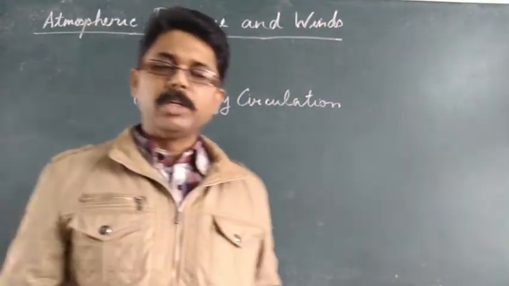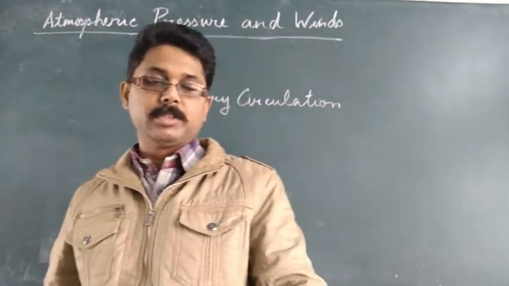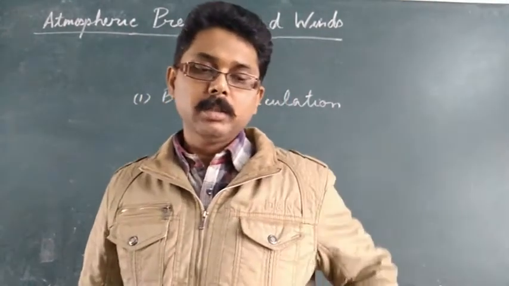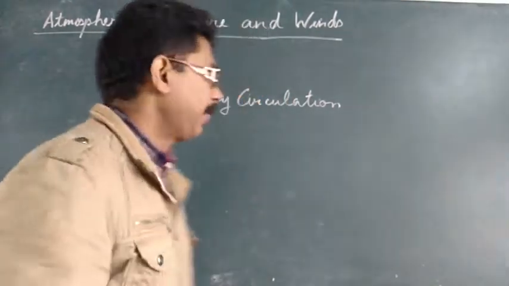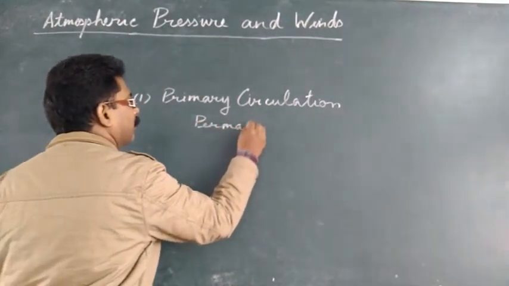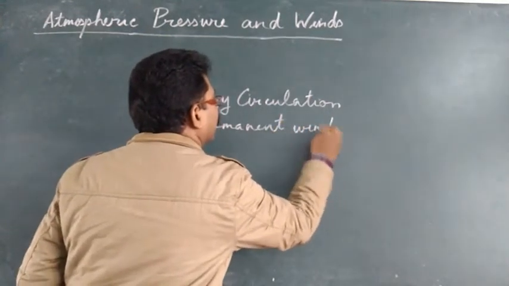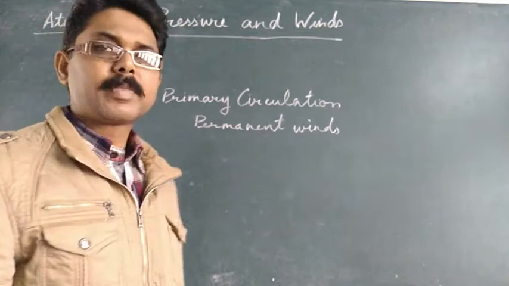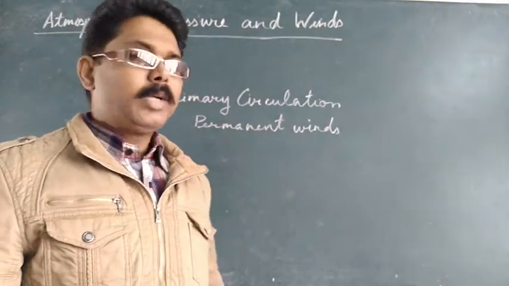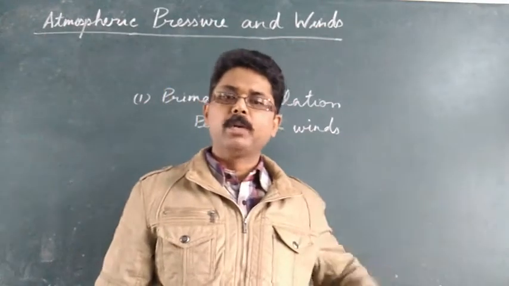In primary circulation, the winds which are kept in this circulation are the permanent winds. Now what are these permanent winds? Let me first explain about these permanent winds.